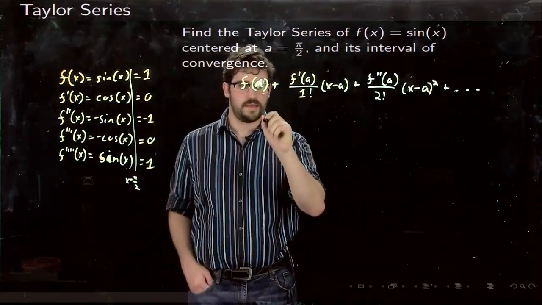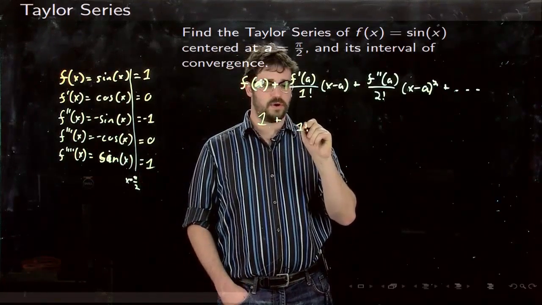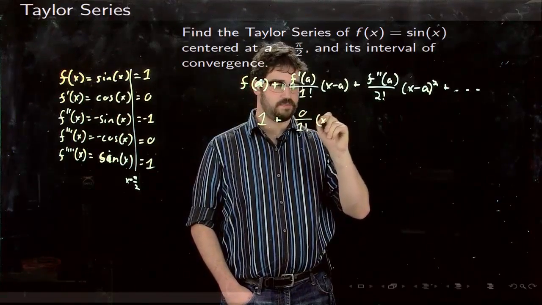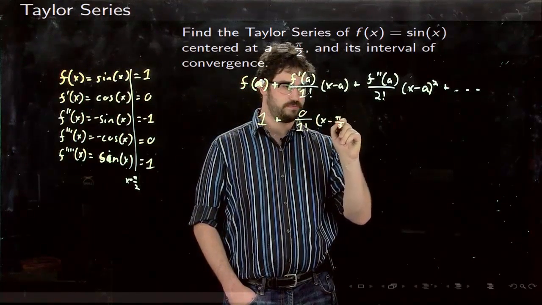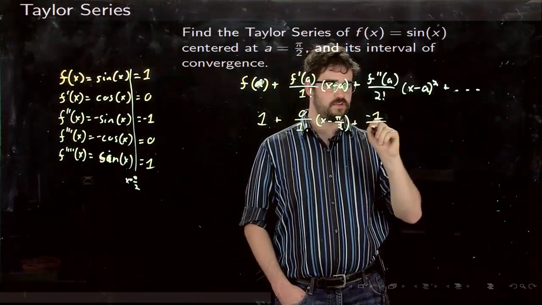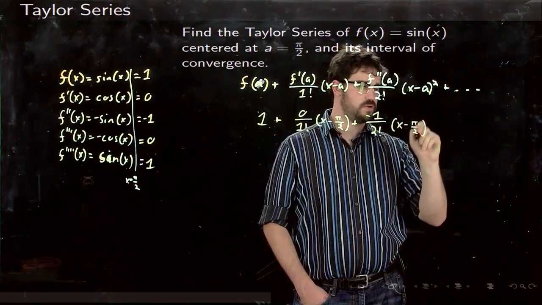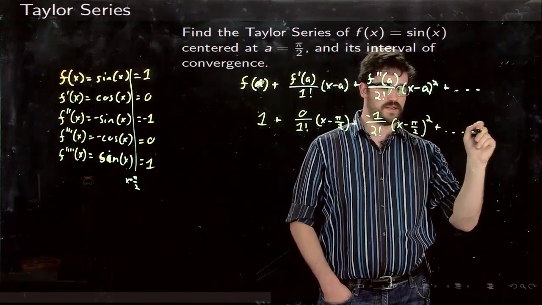So we get 1 plus 1 factorial times 0 times x minus pi over 2, plus negative 1 over 2 factorial, x minus pi over 2 squared, plus and so on.